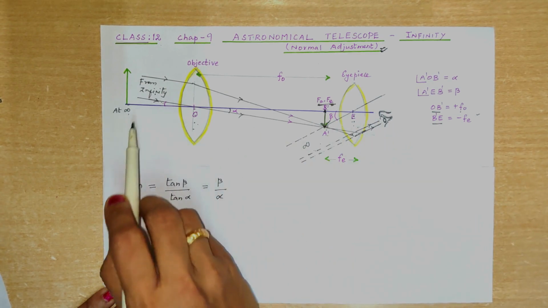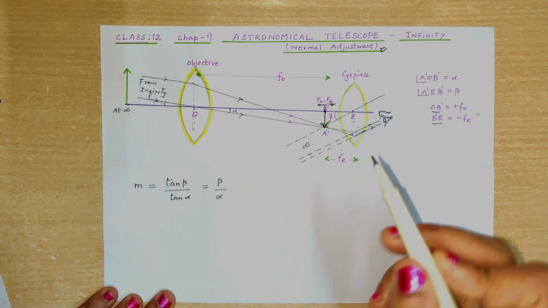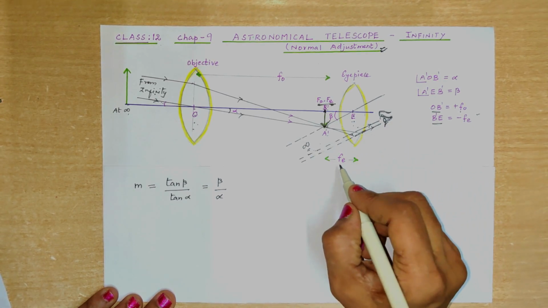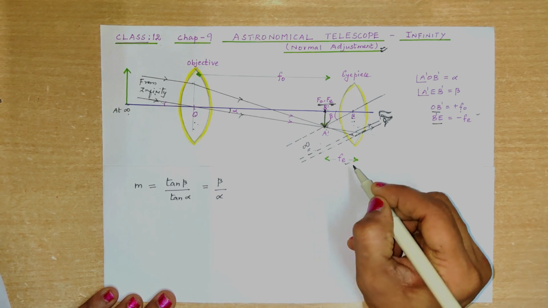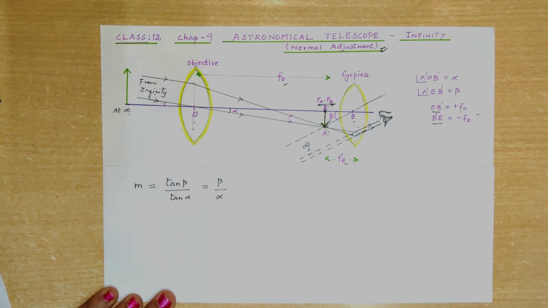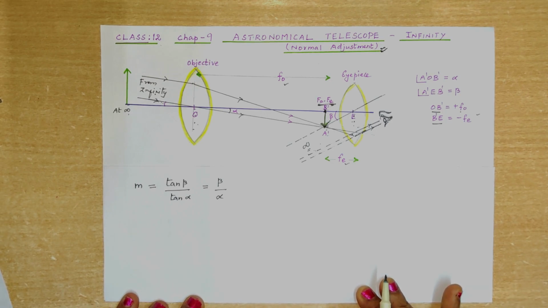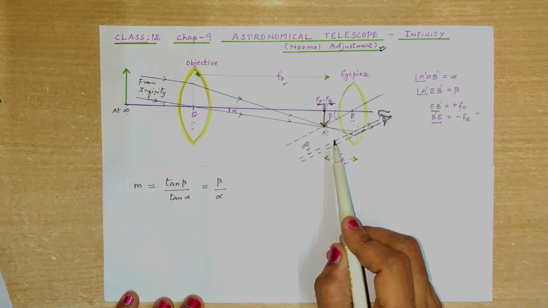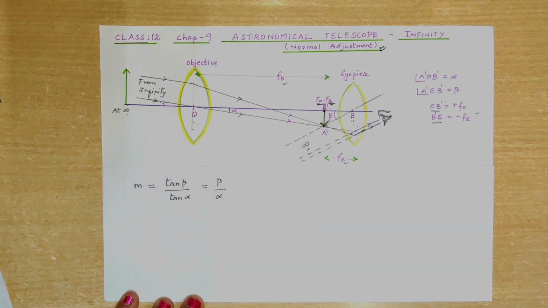When we look at this object from infinity, the object is at infinity and the final image is also at infinity with respect to the human eye. FE is the focal length of the eyepiece and FO is the focal length of the objective lens. And we all know that the magnifying power for this situation is the ratio of the angle formed at the eye by the final image as seen through the telescope to the angle formed at the eye by the object seen directly, when both the image and the object lie at infinite position.